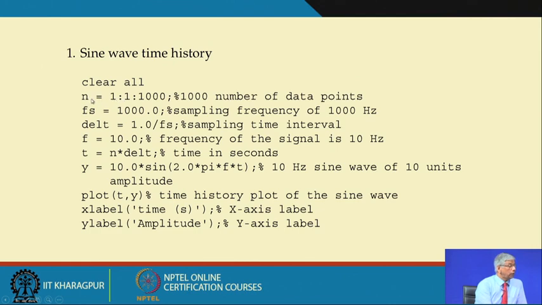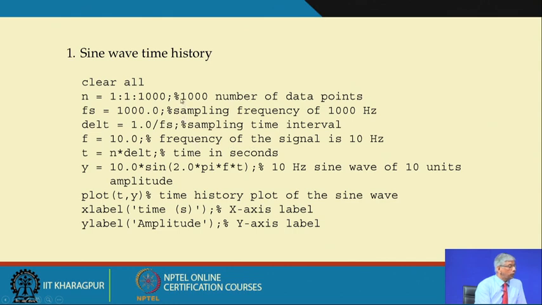So, basically what I have done, I have generated an index from 1 to 1000, that is the time steps. I am sampling the signal at 1000 hertz. So, the sampling interval is nothing but 1 by 1000 seconds. I have a signal of 10 hertz.